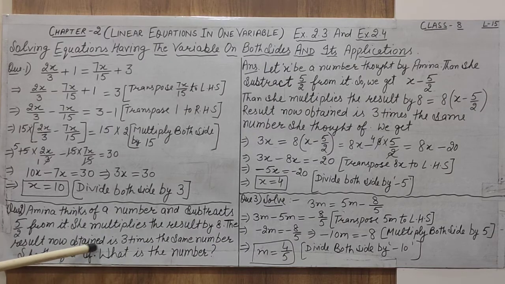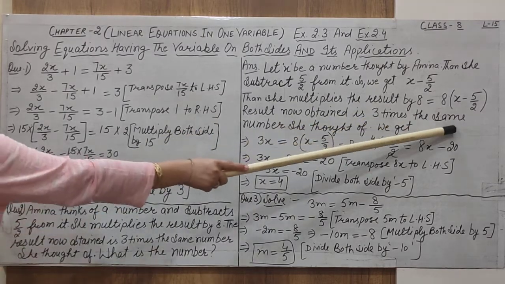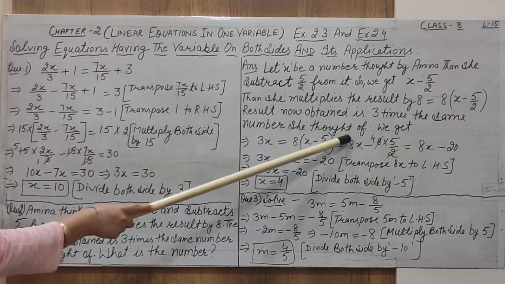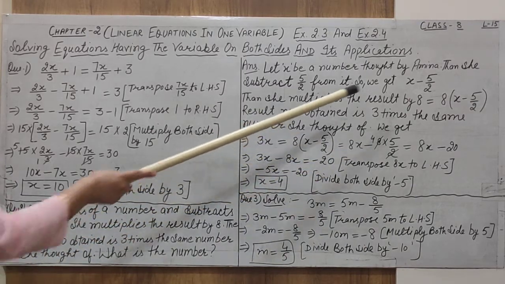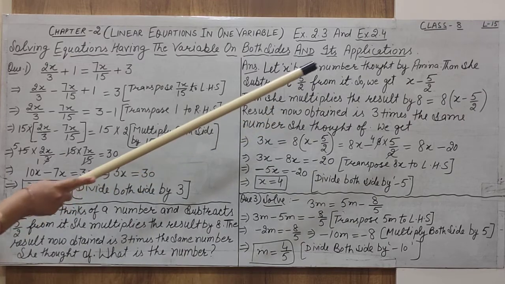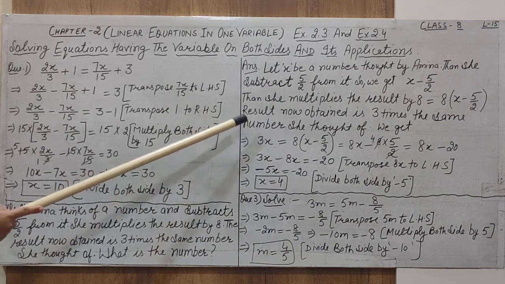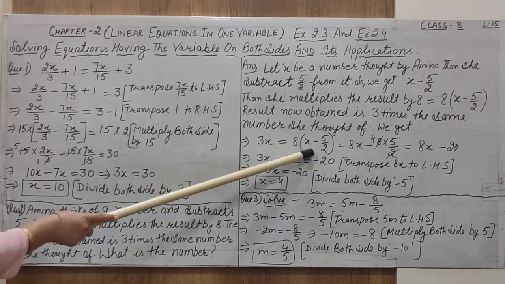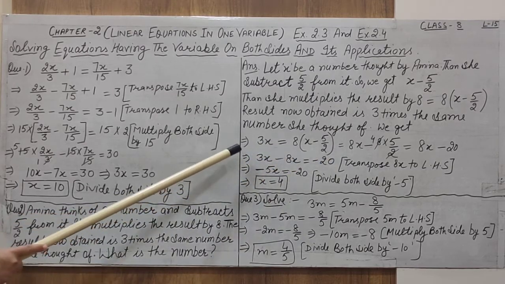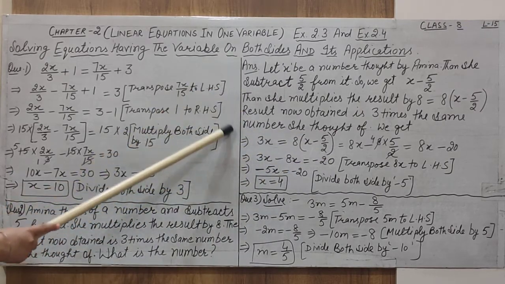It means जो हमें result मिला वो 3 times है किसका? x का, जो नंबर अमीना ने सोचा था। क्या हमें मिला इससे? हमें expression से एक equation मिल गई। Expression is one in which there is no equal sign, but with the second statement we get an equal sign, that is 3 times of x is equal to the result of the second statement. Alright, so this is the final statement which we get from these conditions.